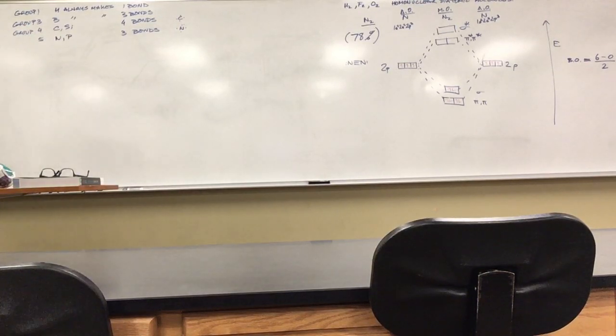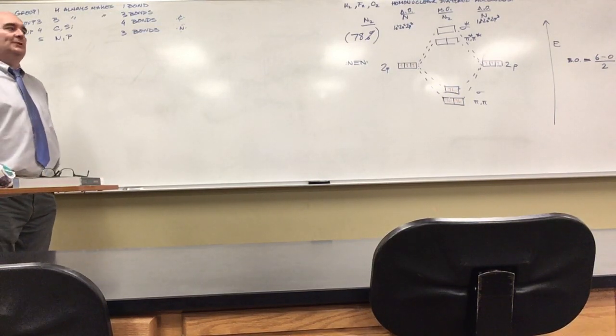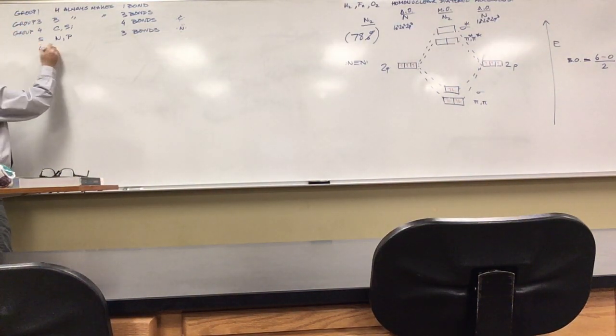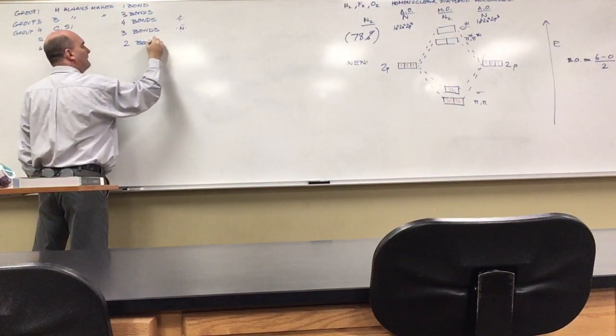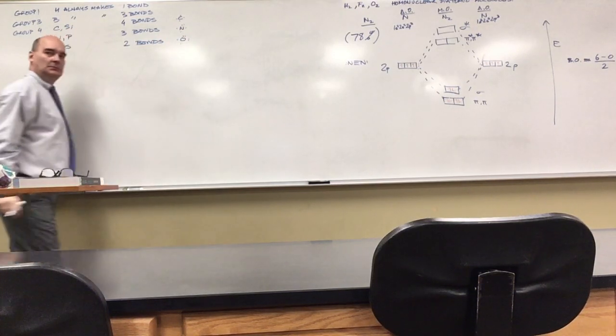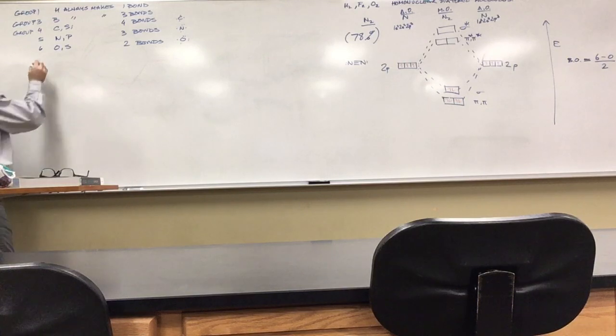That non-bonding pair of electrons gives the nitrogen 5 electrons, but only 3 bonding electrons. Therefore, we anticipate that it's going to have 3 bonds. If you're in group 6, like an oxygen or a sulfur, you should have 2 bonds. 1, 2, 3, 4, 5, 6. 2 non-bonding electrons. It's only the bonding electrons that can do the bonding between the atoms.